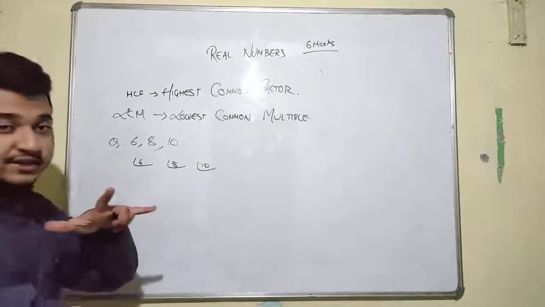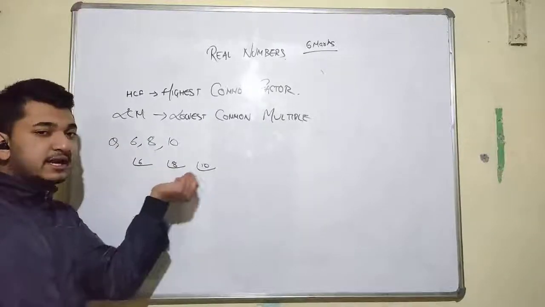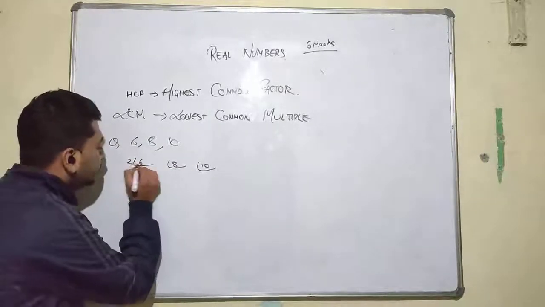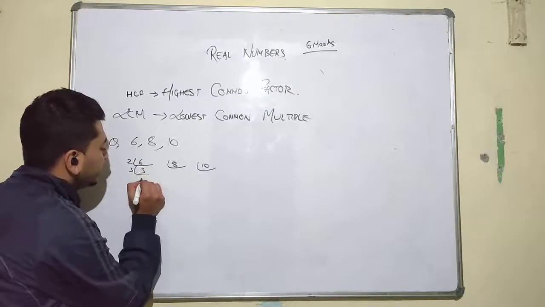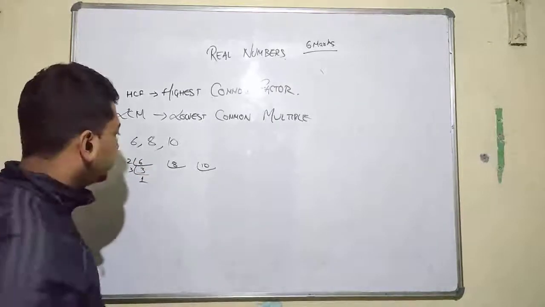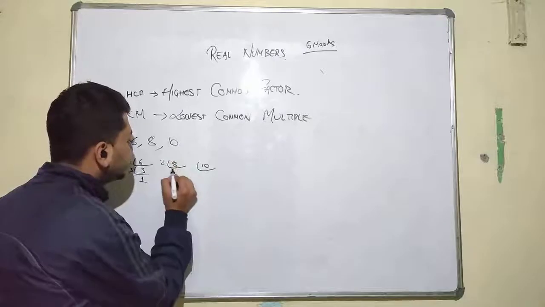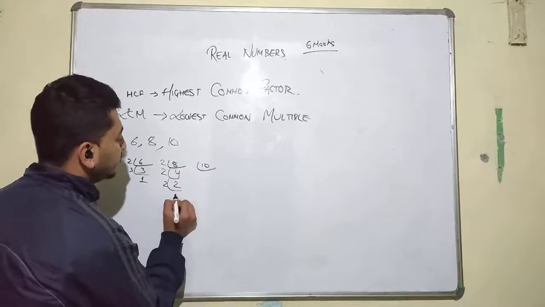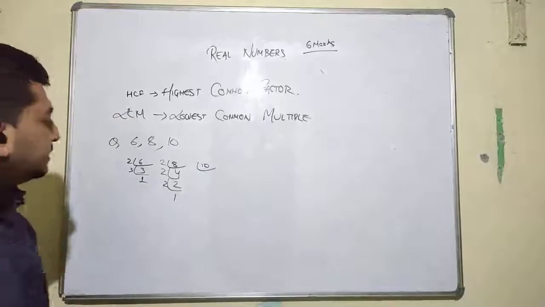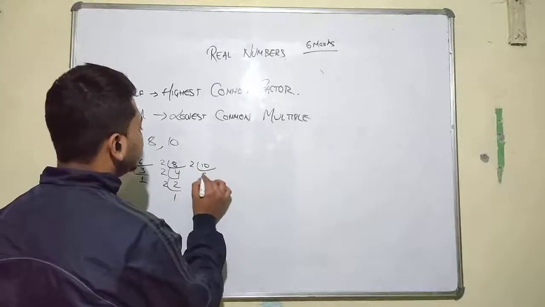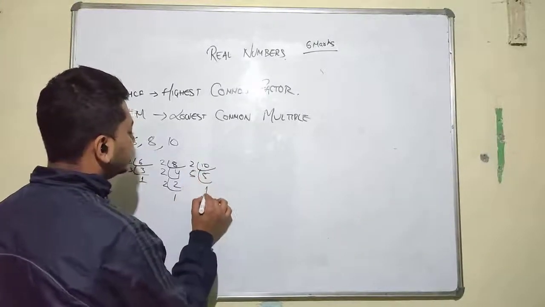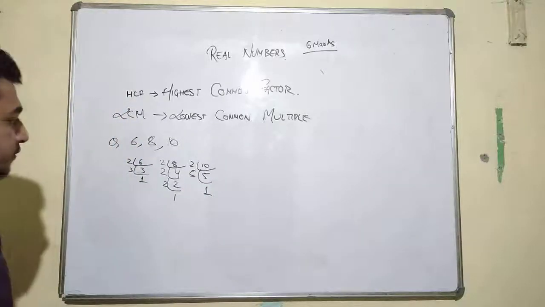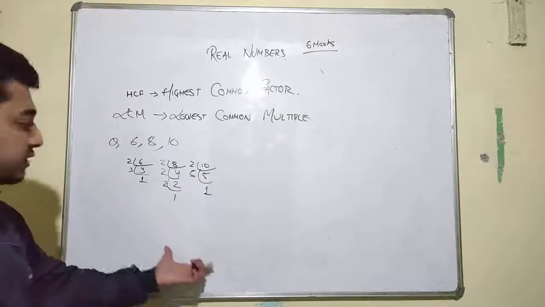We will factorize these numbers. 2 times 3 is 6, 3 times 1 is 3. 2 times 4 is 8, 2 times 2 is 4, 2 times 1 is 2. 2 times 5 is 10, 5 times 1 is 5. Okay, we have got this.